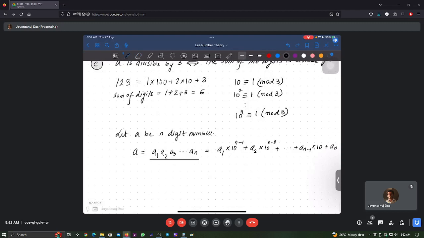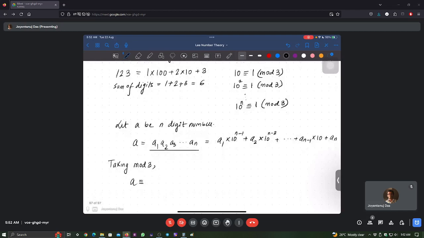If I apply modulo 3 to the whole thing, then we will only have a1 plus a2, plus up to a n minus 1 plus a n, modulo 3.